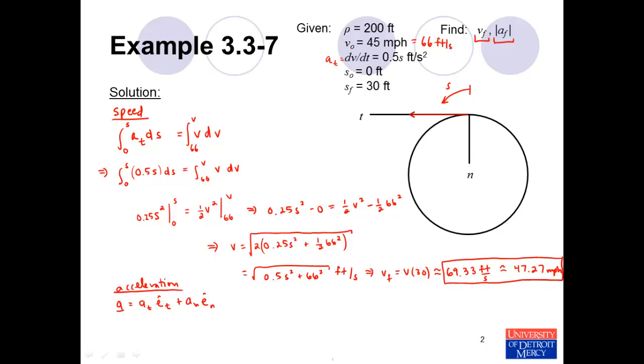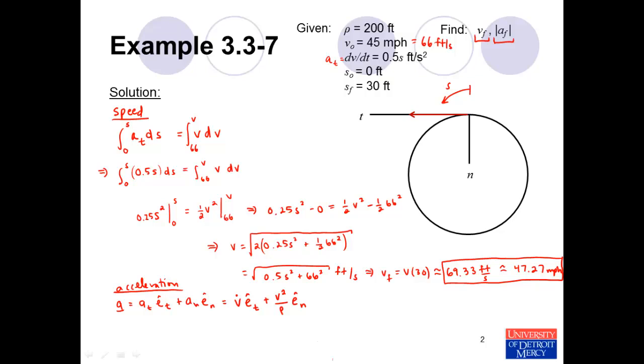The tangential component is essentially the rate of change of the speed, how fast we're accelerating along the path, v dot. The normal component is due to the changing direction of the velocity, and it's expressed by the equation v squared over rho, where rho is the radius of curvature.